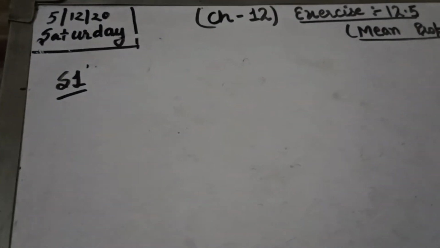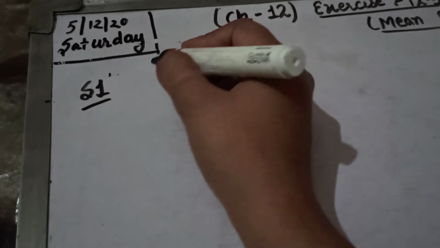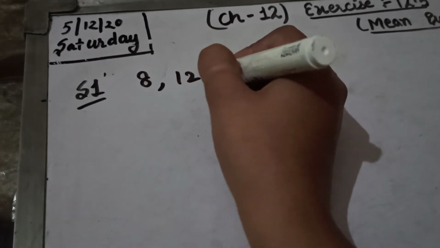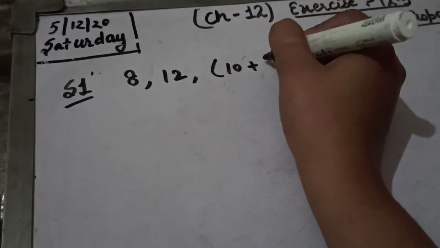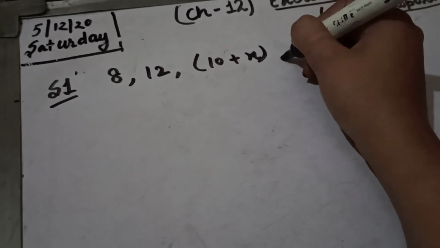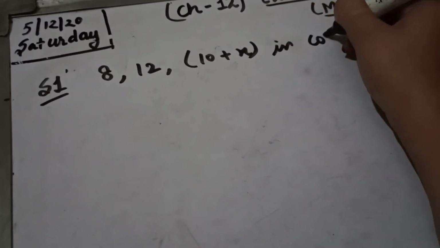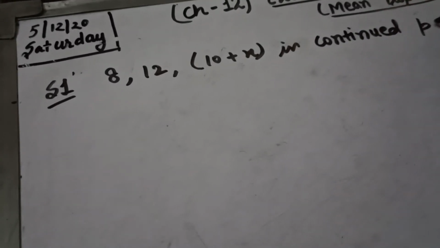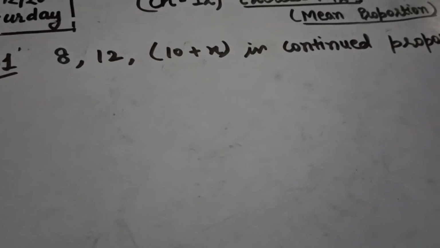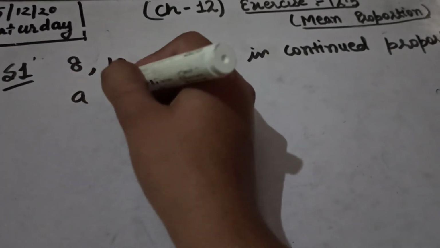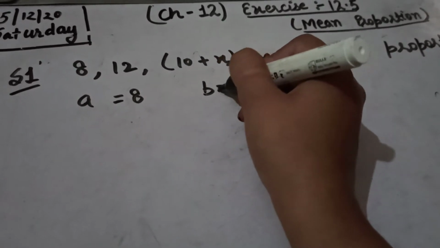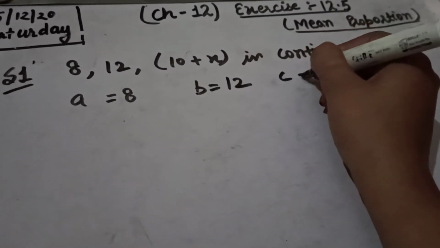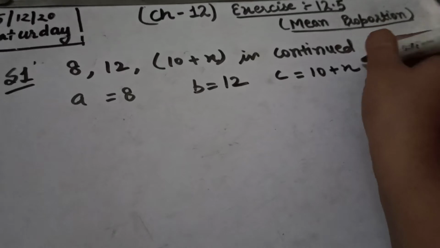Q5 is find the value of x if the numbers 8, 12 and 10 plus x are in continued proportion. Right? So for this, same, A equals 8, B equals 12 and C equals 10 plus x.